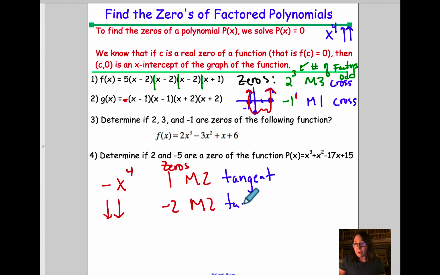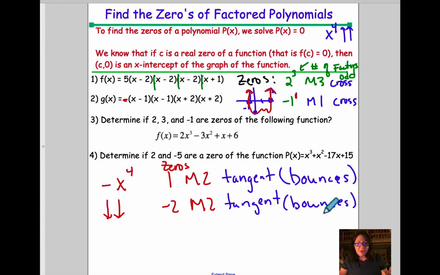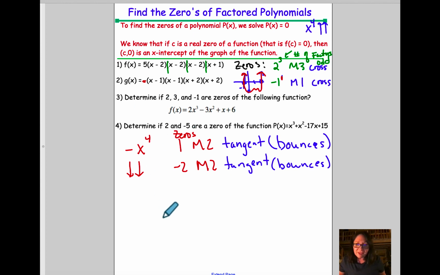And a lot of people will say, hey, tangent, it kind of hits the bottom, hits the 0, boom, and then comes back up. So a lot of people will not say tangent. They'll say, oh, it bounces off the axis. So it does bounce. Okay, so it bounces. So let's just draw a graph of what we think this would look like. So we do know that this is a negative graph to the 4th power. All right.